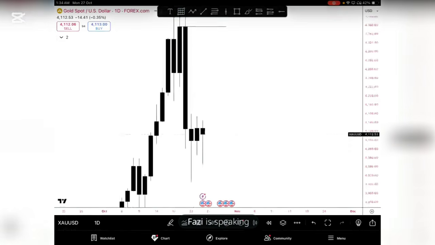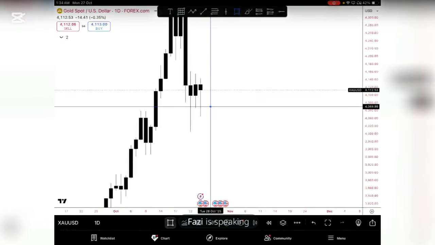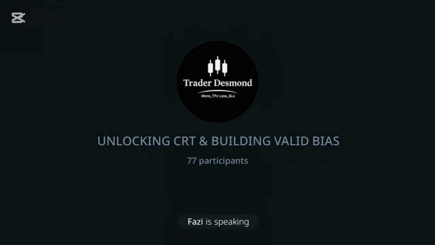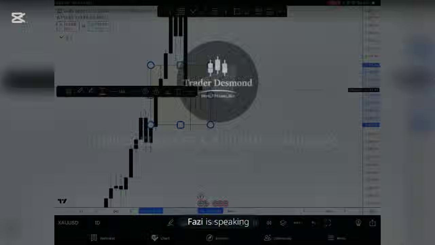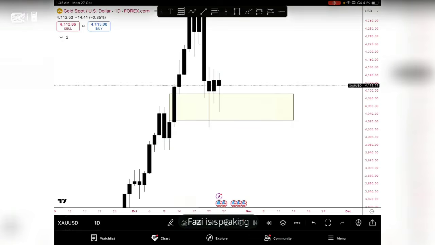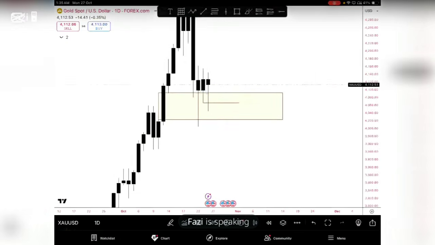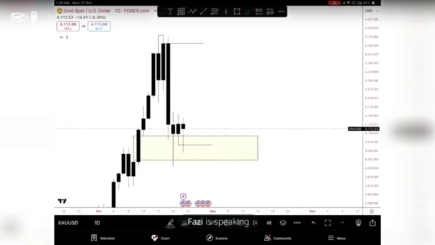Now you can see what I told you: the price always comes for two things, to attack the liquidity and fill the imbalance. Here you can see the imbalance has been filled. When the imbalance has been filled, there we have a sweep. So we can consider that this sweep tells us the internal range liquidity has been taken out.